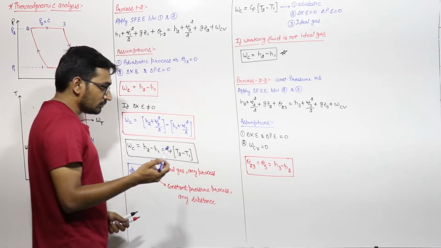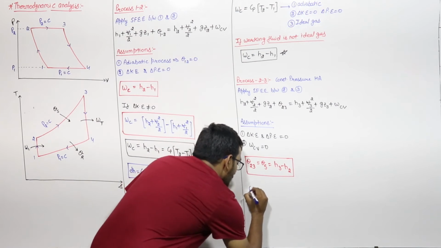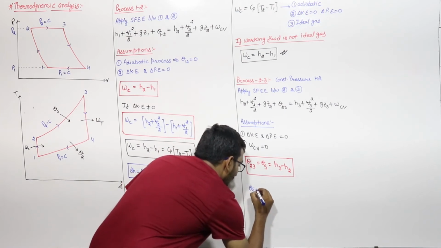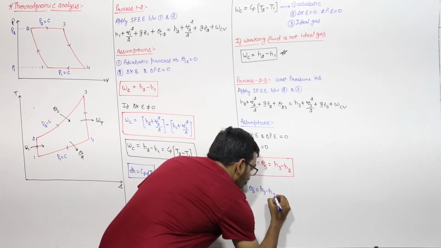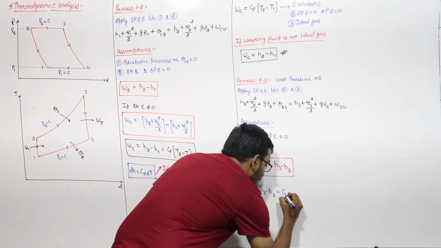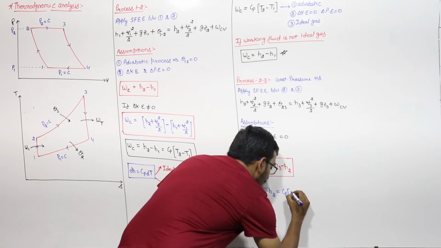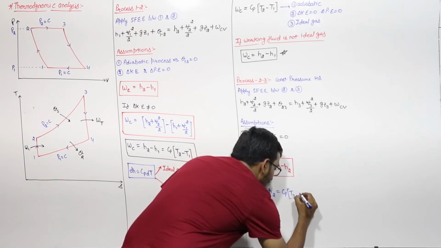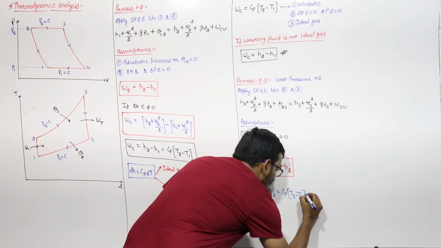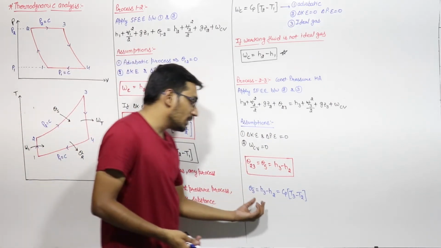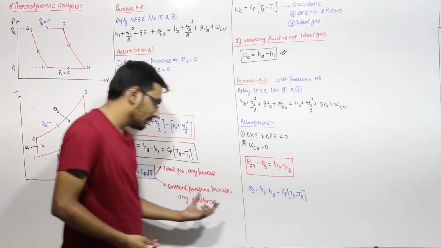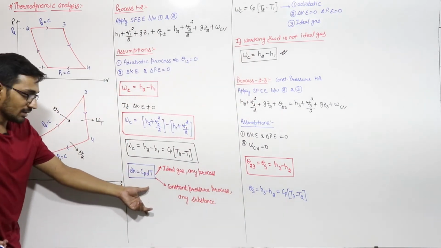Now just pay attention, the heat supply will be equal to H3 minus H2, and I can write this equal to Cp into T3 minus T2. When to write dH is equal to Cp dt, we have these two conditions, right?